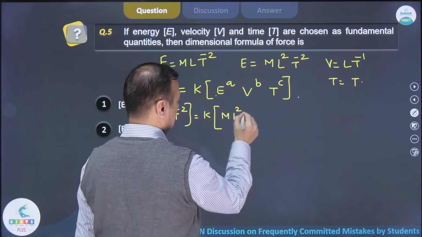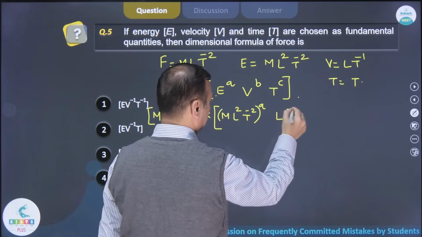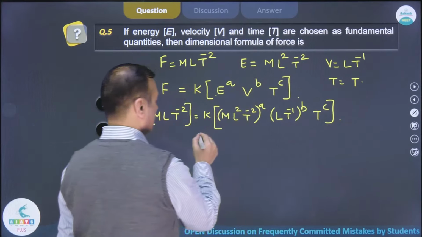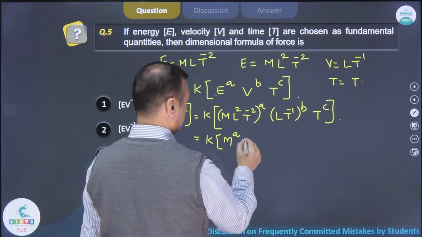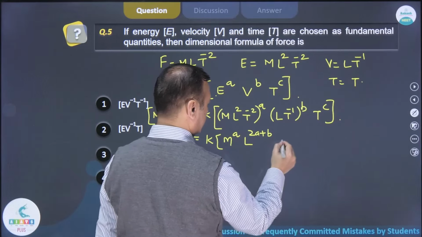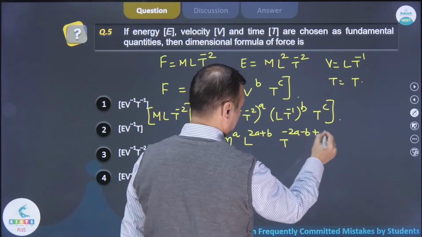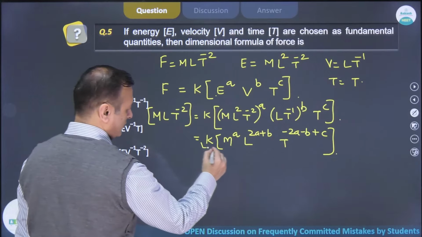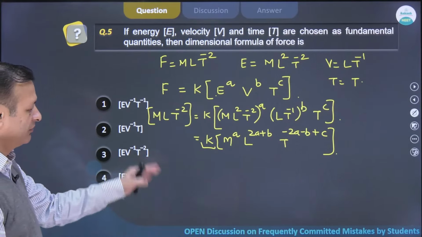M L square T minus 2 whole power A, velocity LT minus 1 whole power B, time power C, and this is M power A, L power 2A from the first bracket plus B from the second, and T is minus 2A minus B plus C. So, this is the last contribution. K is a constant which we cannot define from the dimensional analysis part, so we will simply ignore it.